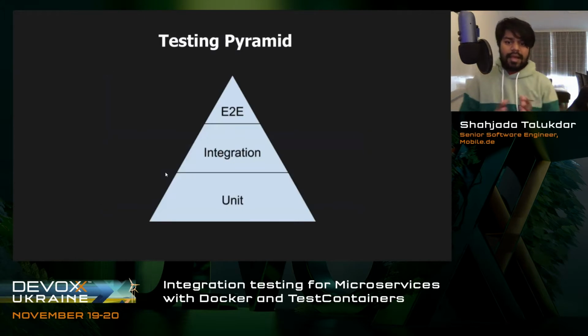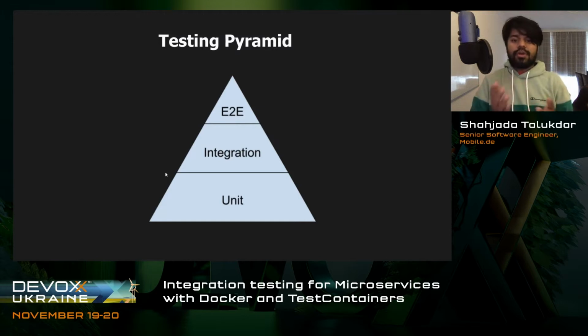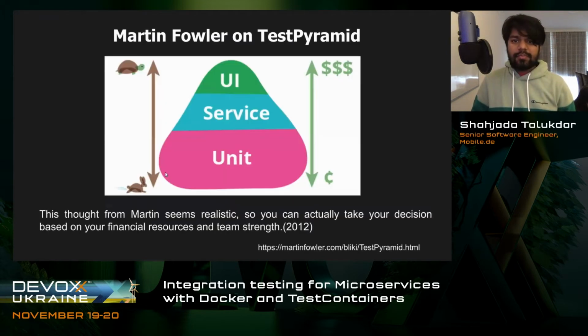Then, as we are talking about integration testing and unit testing, we know we have a very famous testing pyramid: unit tests at the bottom, integration in the middle, and E2E at the top, right? We can see that most of the graph covers unit tests, and integration has less priority in this testing pyramid.